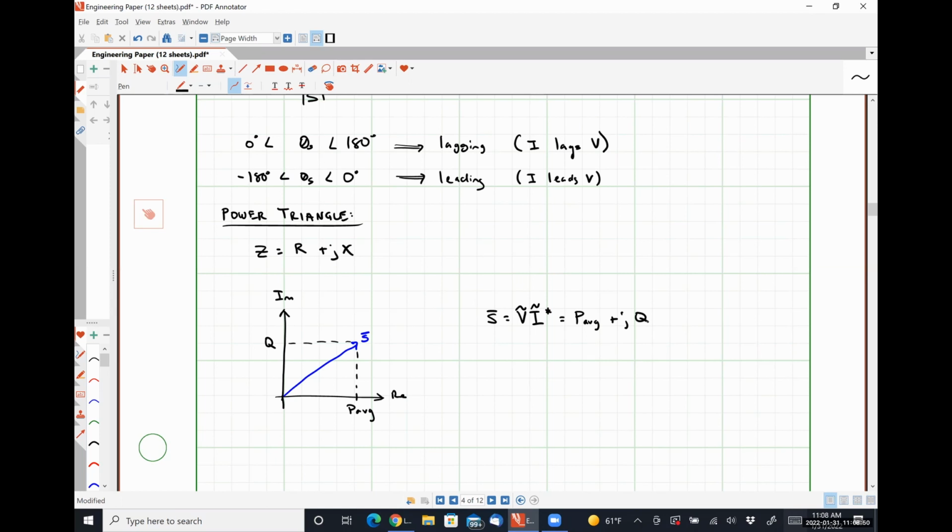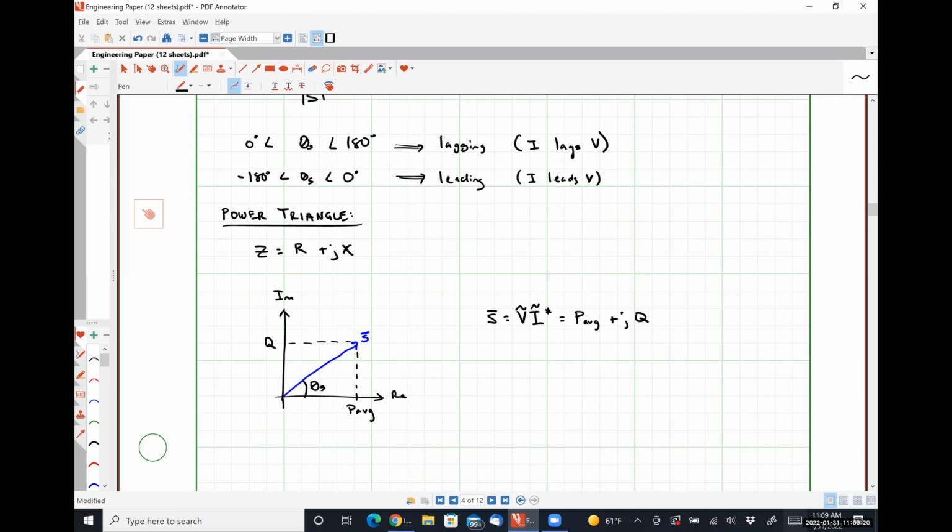The imaginary component of S is our reactive power Q. And this is symbolized on our triangle, giving us a pretty easy relationship, right? Well, on our graph, we can see that the complex number S makes some angle with the horizontal axis. This angle is theta S, our power factor angle.